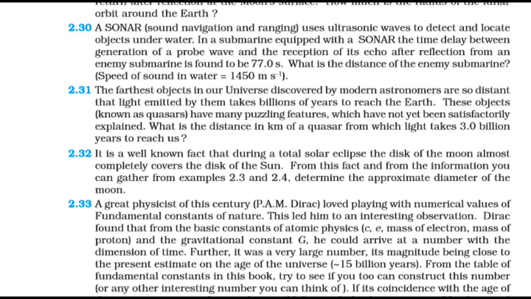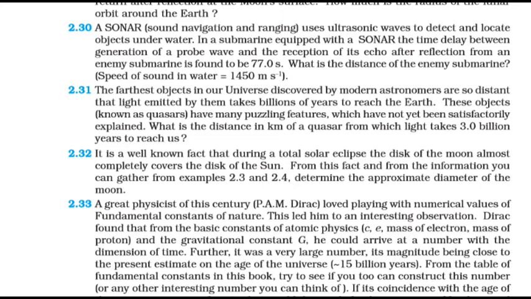In a submarine equipped with a sonar, the time delay between the generation of a probe wave and reception of its echo after reflection from an enemy submarine is found to be 77 seconds. What is the distance of the enemy submarine? Speed of sound in water is equal to 1450 meter per second.